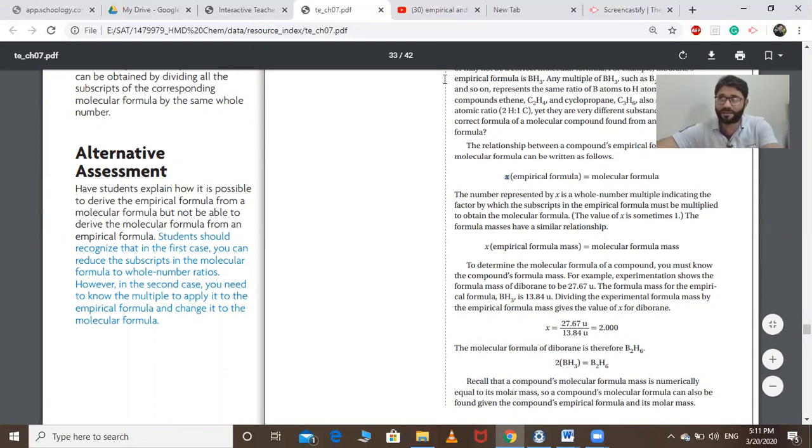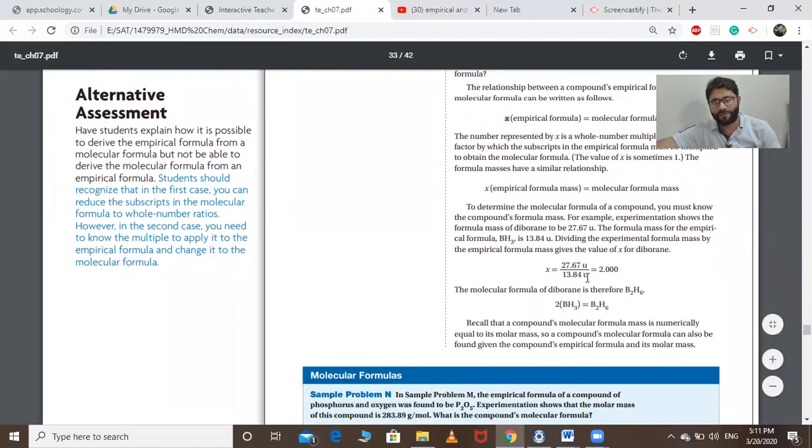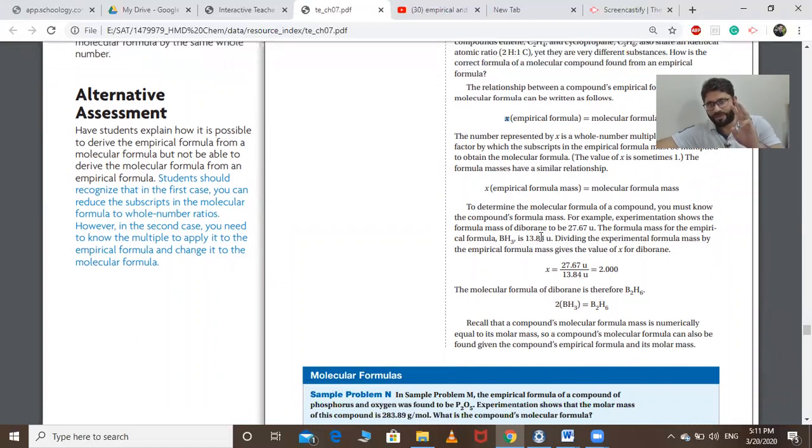So in this case, how can we find this molecular formula? For example, in the case of diborane, what we learned right now is that diborane consists of 1 boron and 3 hydrogen. So the molar mass of this empirical unit will be 13.84 u.